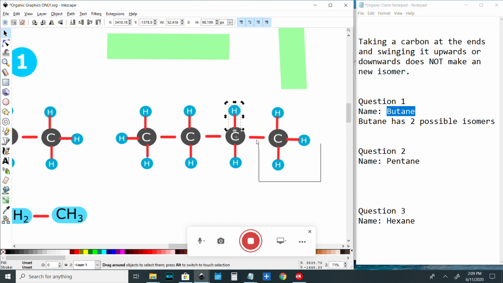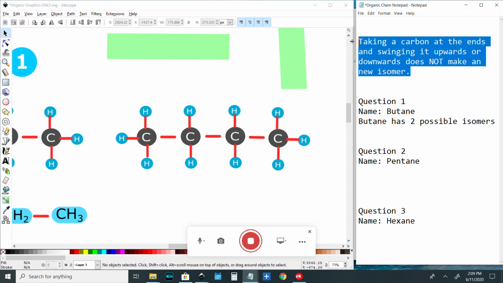If I take this C and rotate it upwards or downwards, or if I take this C, which is also on the end, and rotate it upwards or downwards, it will not make a new isomer. So that's this note here: taking a carbon at either end and swinging it upwards or downwards does not make a new isomer. And we saw by doing it, it didn't change the name of the compound itself.